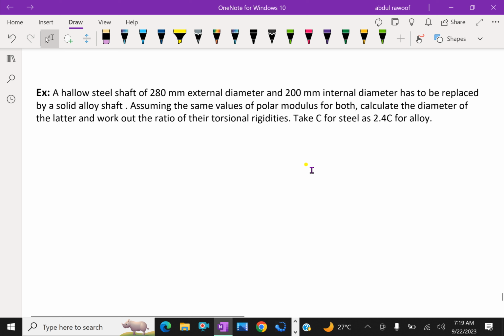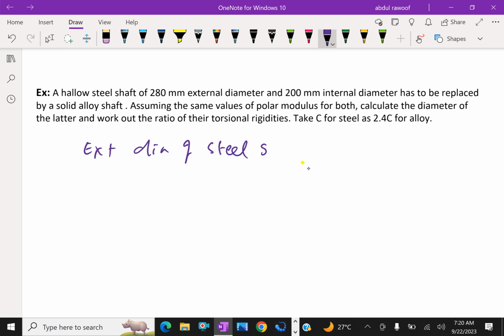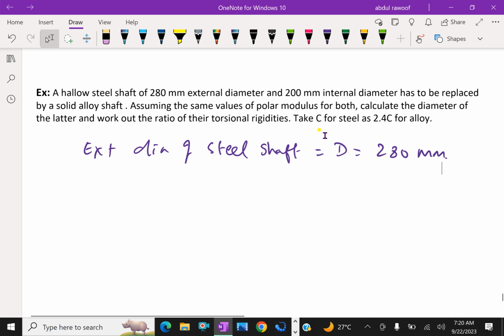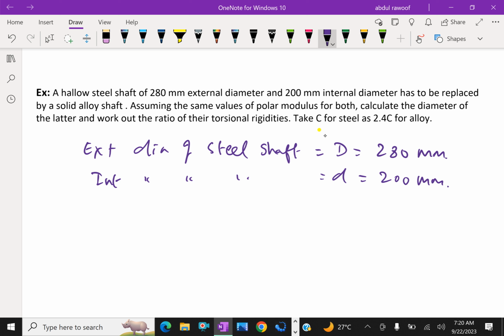Here, first, the external diameter of the steel hollow shaft is D equal to 280 mm, and the internal diameter, d, is equal to 200 mm.